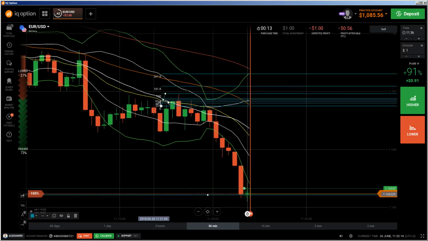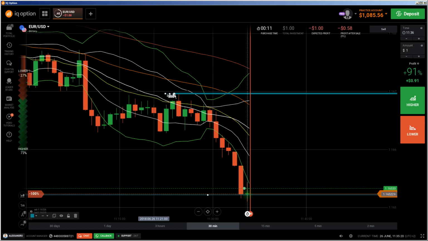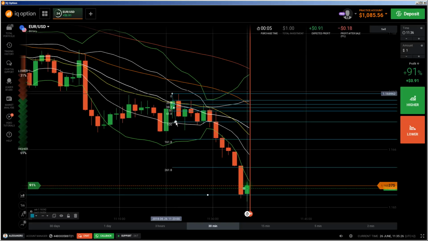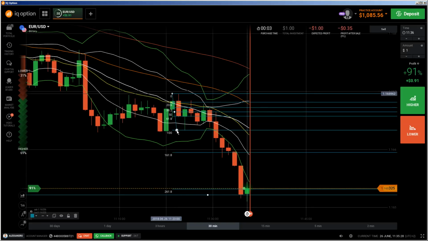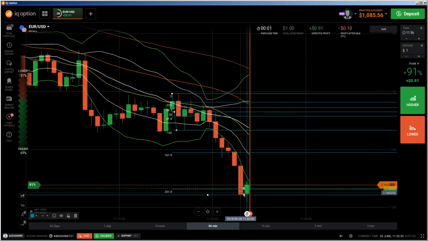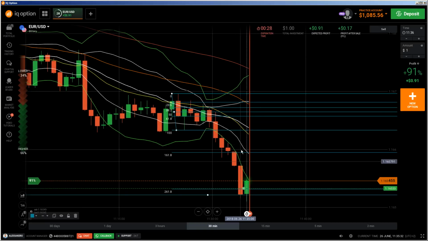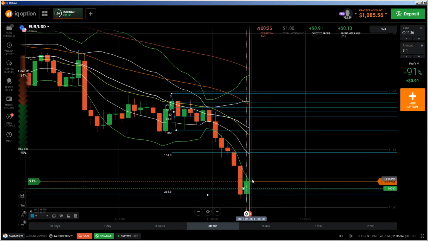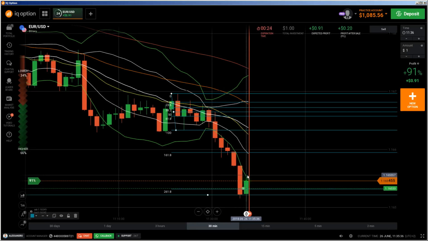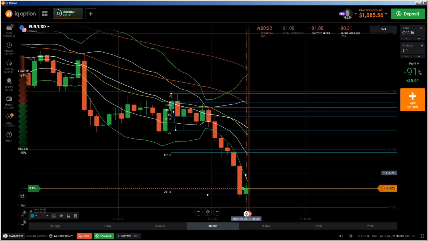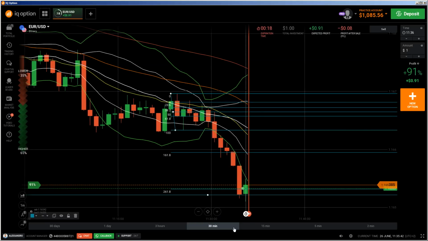That means, look at this, that we have a lot of space. Yes, let me show you this here. We have a lot of space, this is the one, you see, the 261.8, and here is the next level. That means we have a lot of space, and mostly in between is some other area which could act as a resistance area, but it's far away.